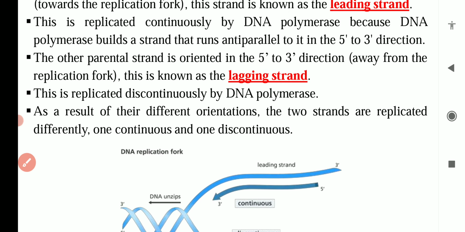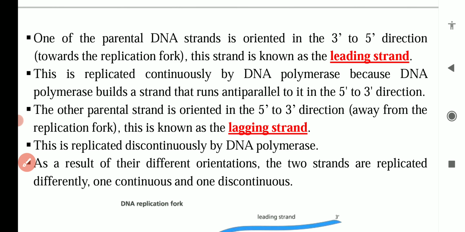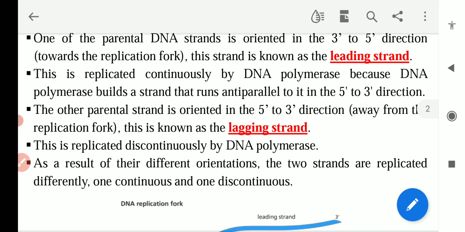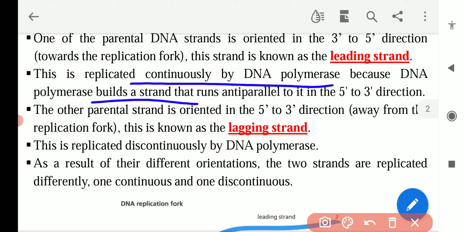Why is it so? Because this leading strand will be continuously replicated by DNA polymerase. Because DNA polymerase builds a strand that runs antiparallel, that is in the 5' to 3' direction.